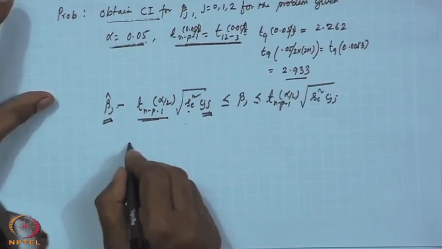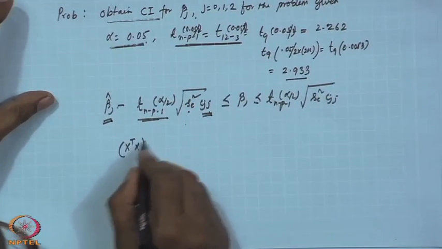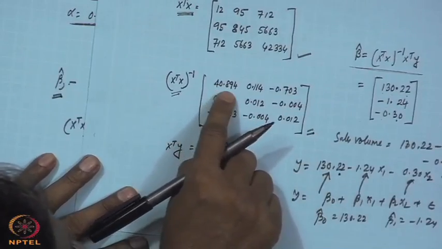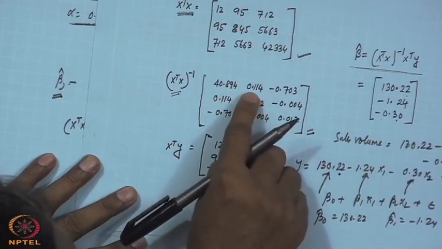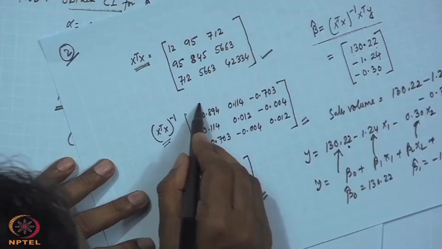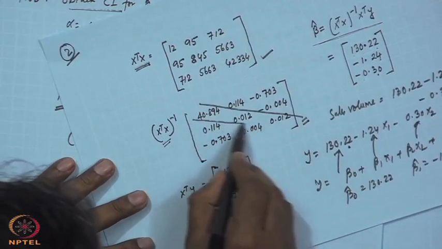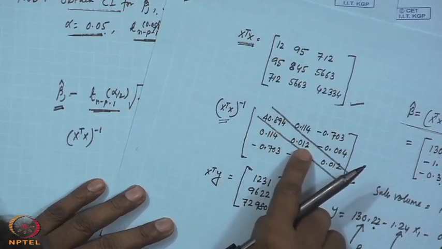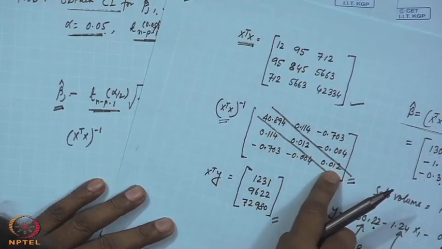If you require to calculate this c j j, you require to know x transpose x inverse, and I have already given you that x transpose x inverse, this matrix, with the first entry 40.894. The diagonal elements are your variance part. First one is for beta 0, second one is for beta 1, third one is for beta 2.